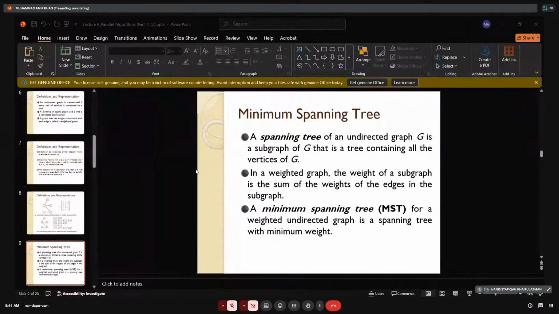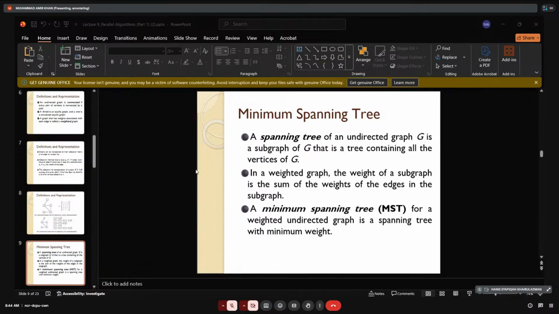MST is a way of connecting a group of points using the cheapest or shortest possible path without any loop. Like if I give the example of networks, think of it like planning a fiber optic cable network for a neighborhood.